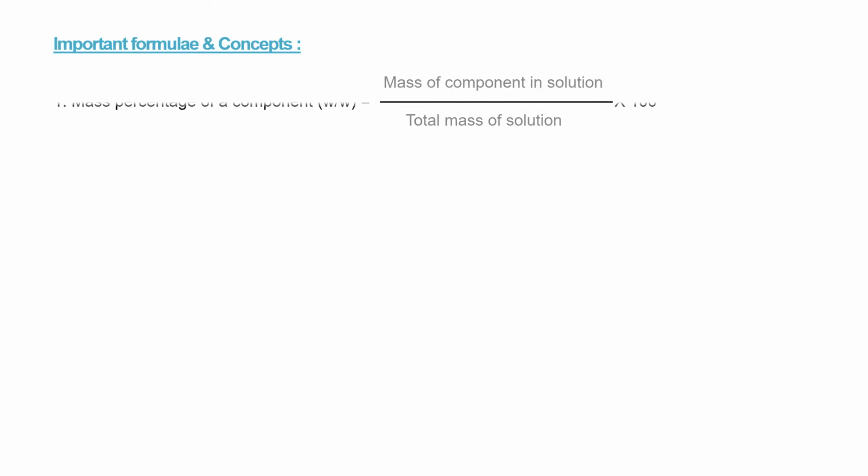Now the first formula. Whenever you study the types of solutions, we express the concentration of a solution in different terms. The first term is the mass percentage of a component.